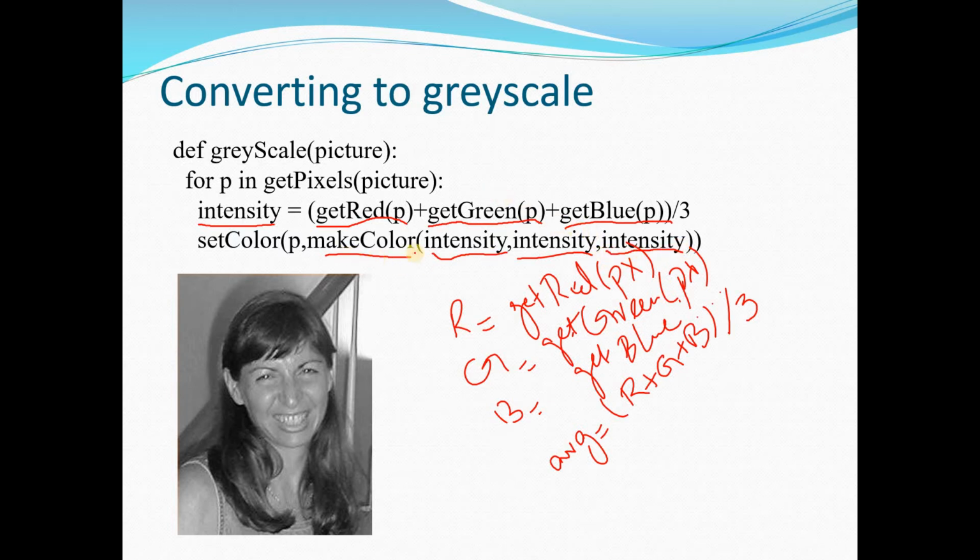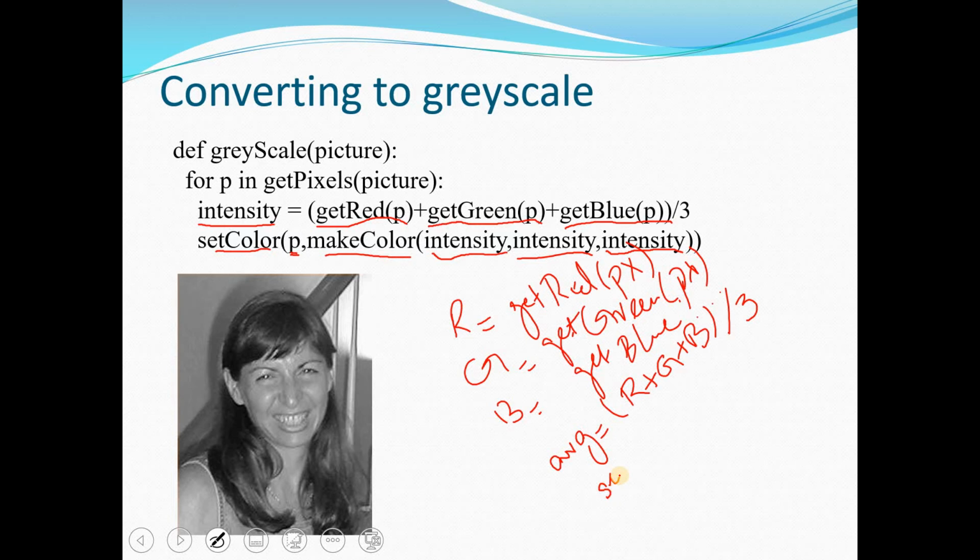So in make color, intensity, intensity and intensity, all 3 of them are equal. Is it clear? So we make a new color and then we set this color on the pixel. So this is one method, and the second method is the one that I am doing over here. You can do it like this also. It's up to you, whichever you prefer.